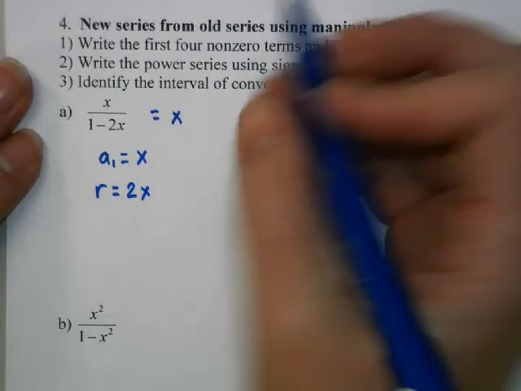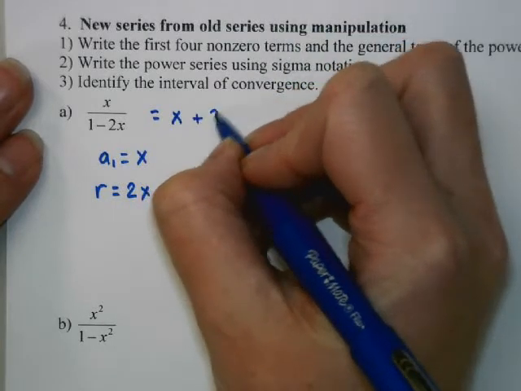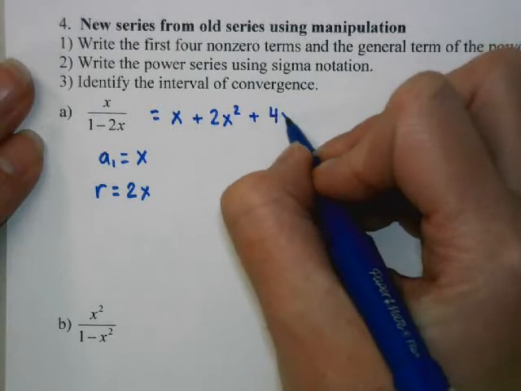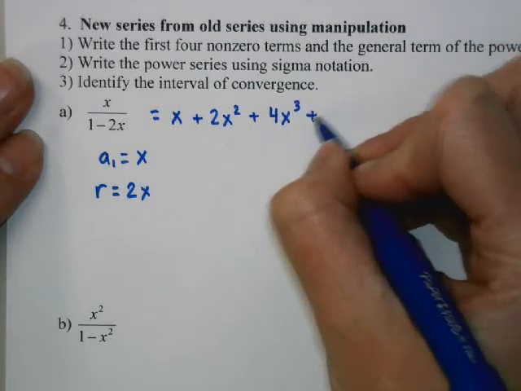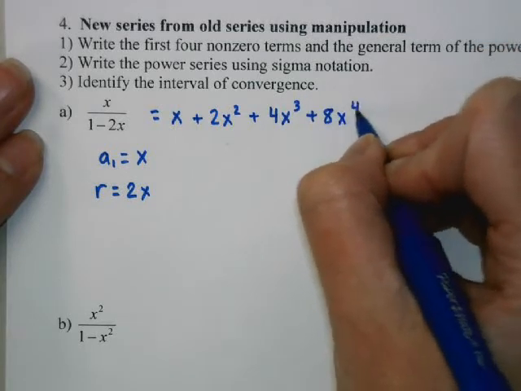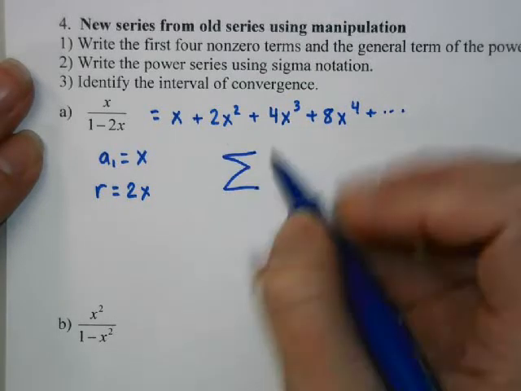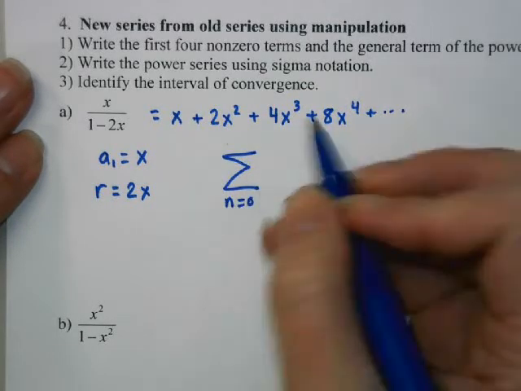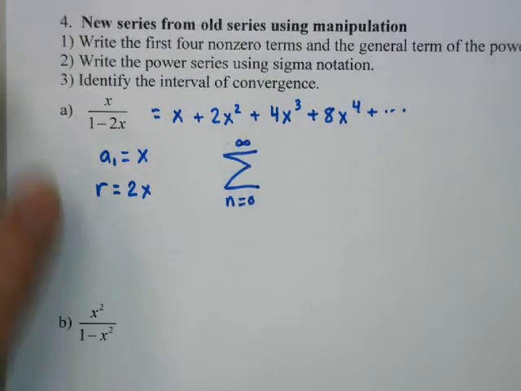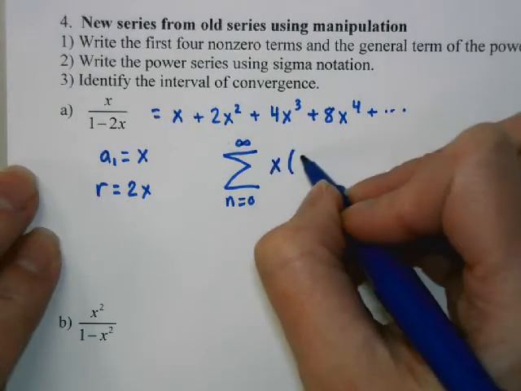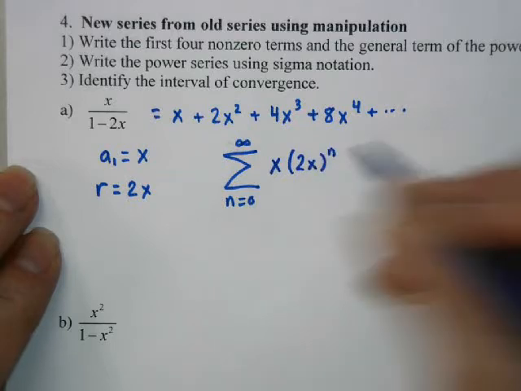So this would be x plus 2x squared plus 4x cubed plus 8x to the fourth. So I'm going to write this as a1, which is x, times 2x to the n.